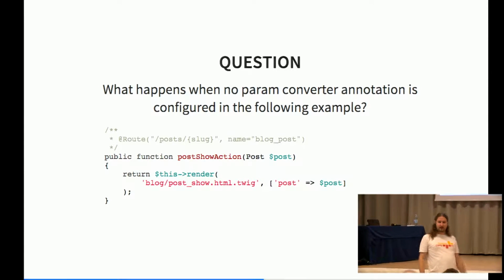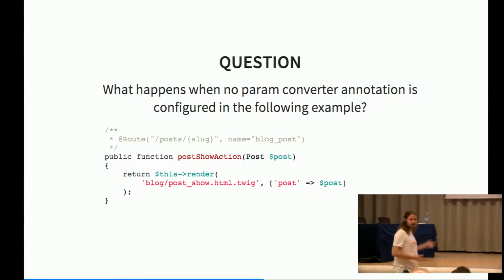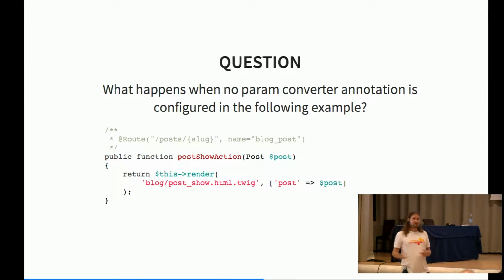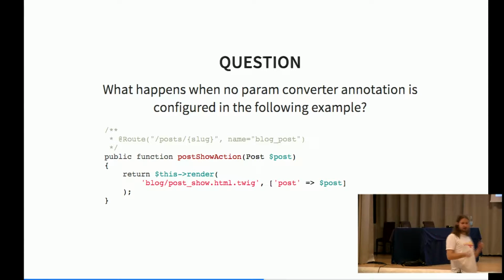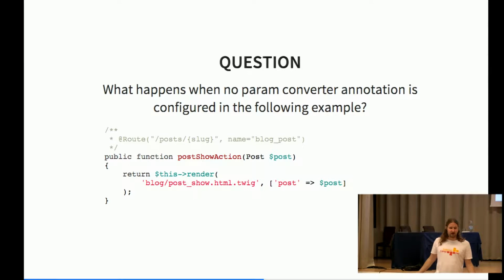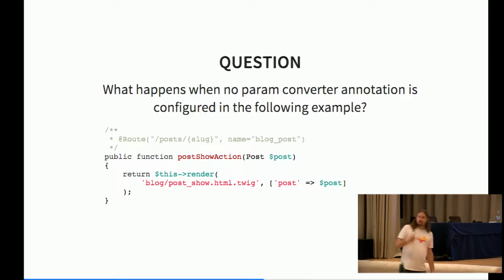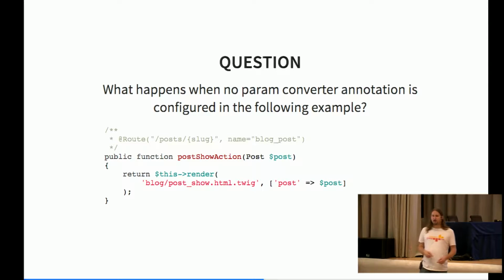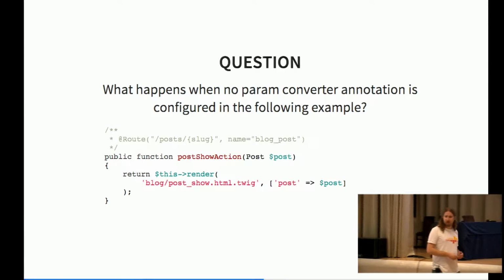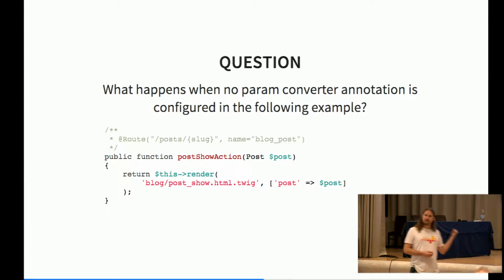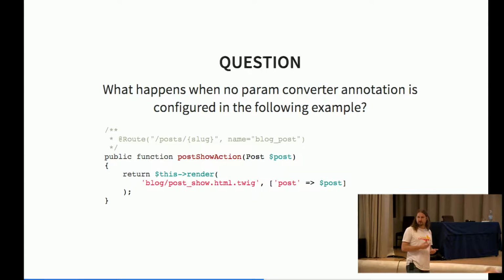Yeah, but that's one of the converters that actually kicks in. What happens internally in Symfony is that there's no configuration and no annotation, so it iterates through all of the registered param converters, calls a method on them to see if that param converter supports the post, until it finds one.